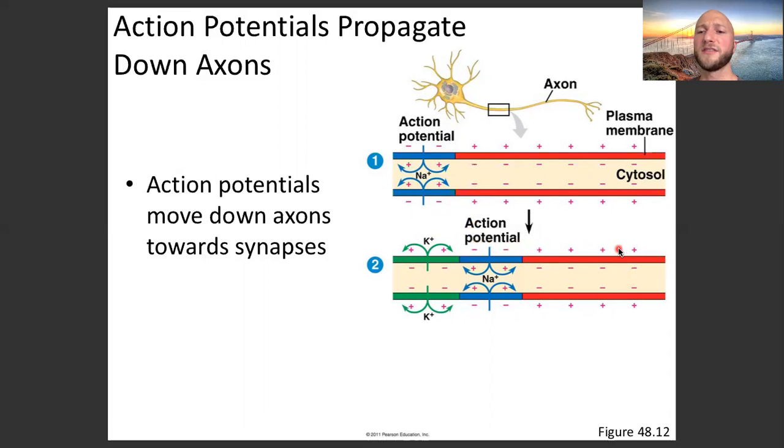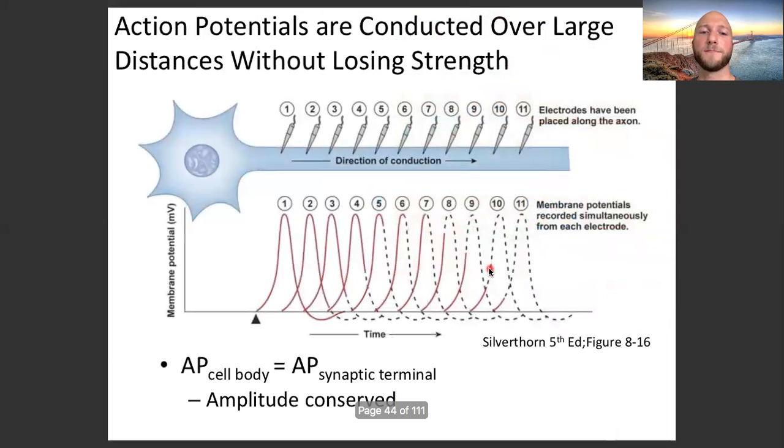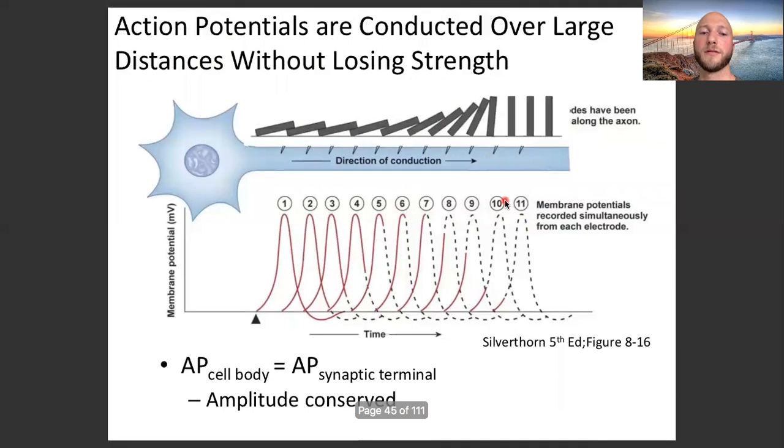And it's going to cause this to propagate all the way down. So same amplitude the whole way because of the inactivation gate. The amplitude at the axon hillock is going to equal the amplitude at the synapse. The amplitude is conserved all the way down the axon.